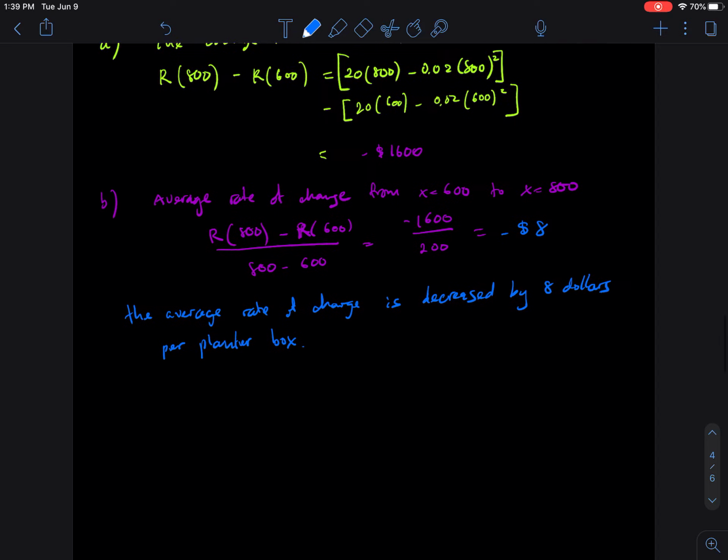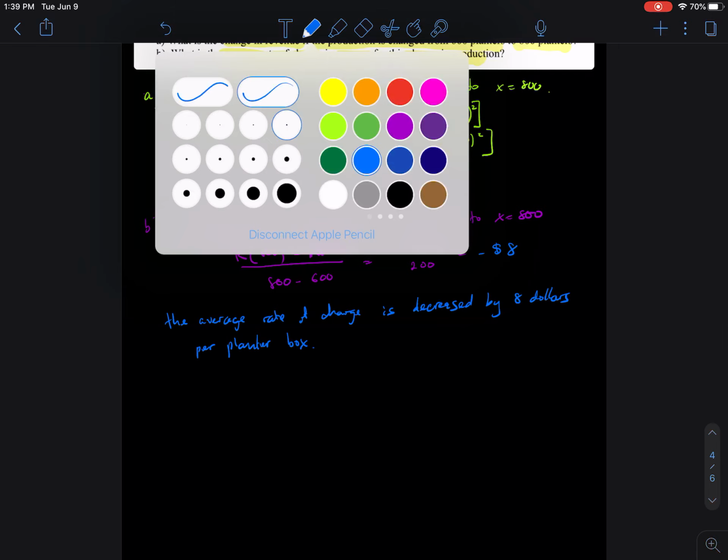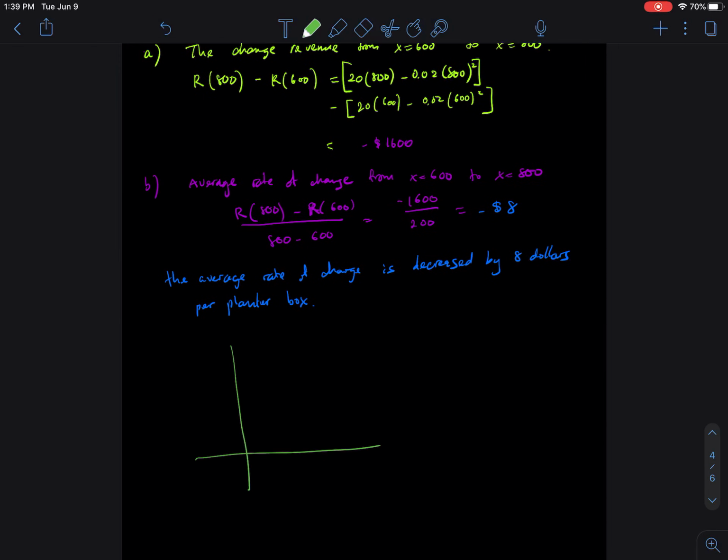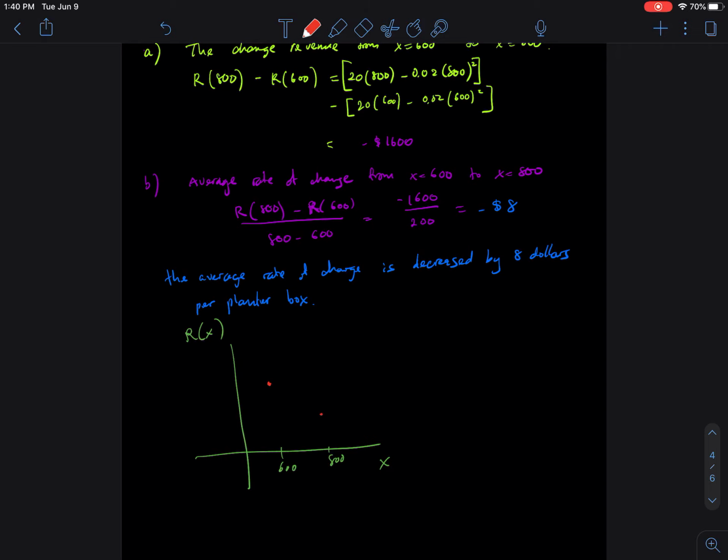If we look at this geometrically, let's say this is x, this is r of x, and here's 600, and here's 800. Let's say at 600 the value is somewhere up here, and at 800 it decreases down there. So the average rate of change has a negative slope. What we calculate there is the slope, the average rate of change. This m here is just negative 8 per planter box. That's what we just did.